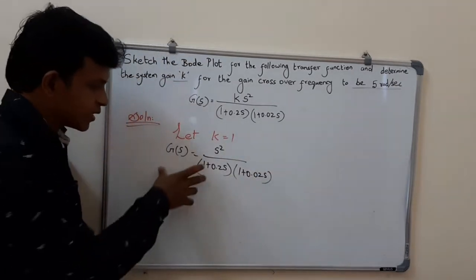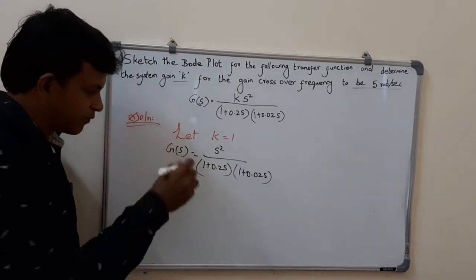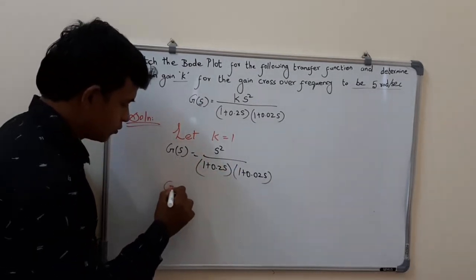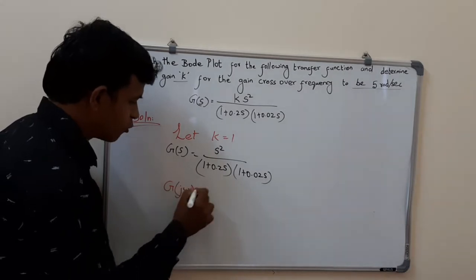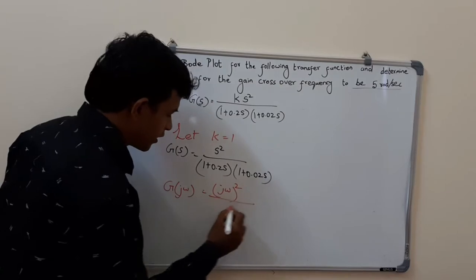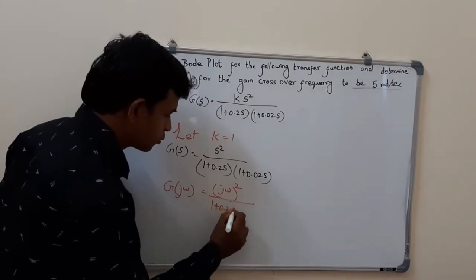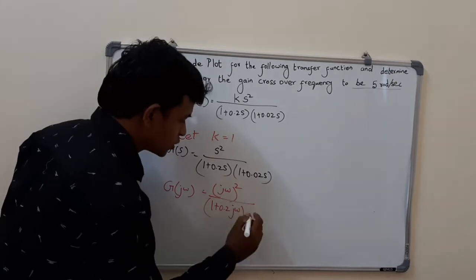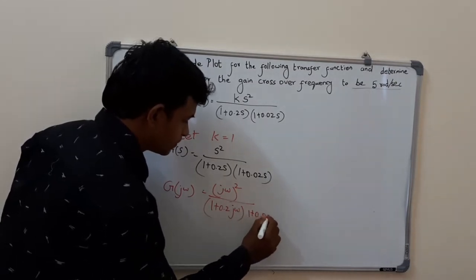Again, this is in S domain. The transfer function is in S domain. We have to convert it into frequency domain. So we are replacing S by j omega. That is equal to (j omega) the whole square divided by (1 plus 0.2 j omega) into (1 plus 0.02 j omega).